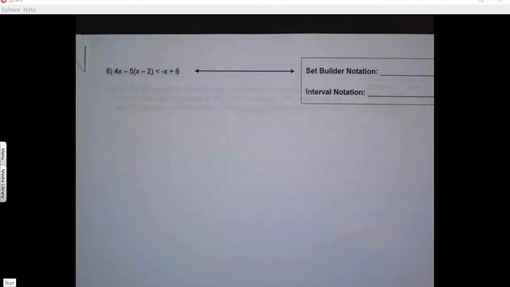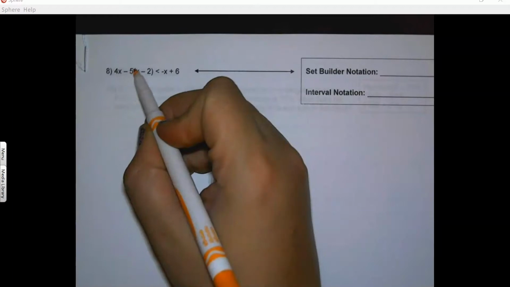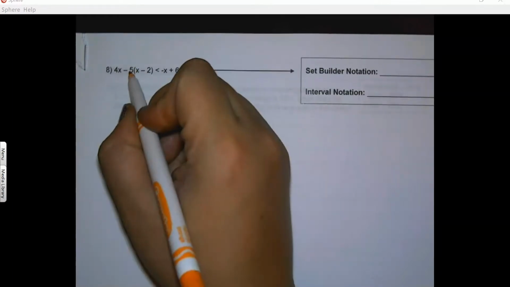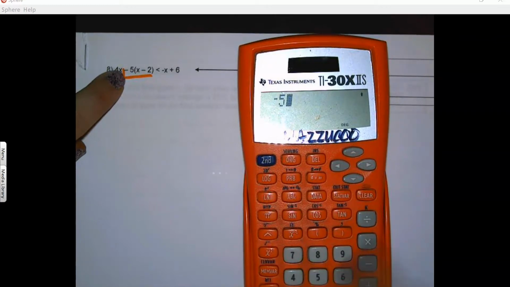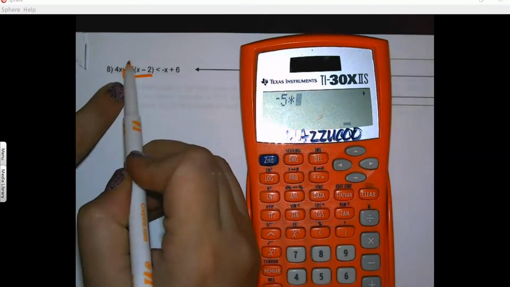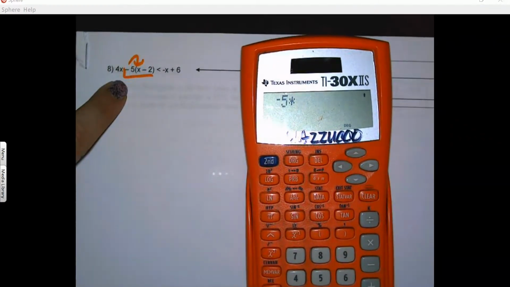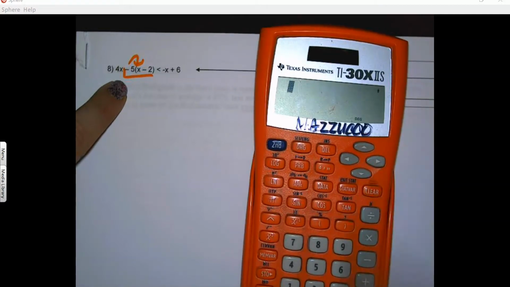Okay, so if we take a look at the next example, the first step when we solve equations or inequalities is to simplify. Because there's parentheses, we're going to take the number that's in front of the parenthesis, which is a -5 here, and multiply -5 times 1x.